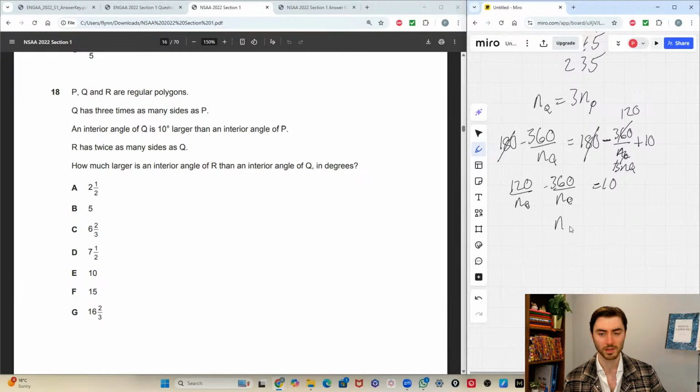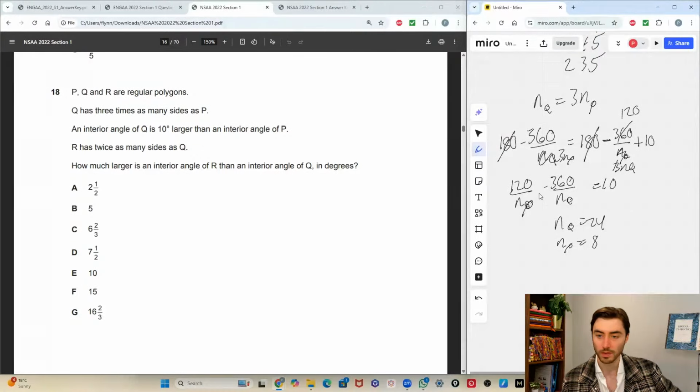Doing something. Oh, let's just say, okay, fine. NQ is 24. I'll work out exactly what I did wrong later, which means that NP is equal to 8. I did it the wrong way around. NQ is 3 NP. Right, that should have been the 3 NP. So yeah. Cool.